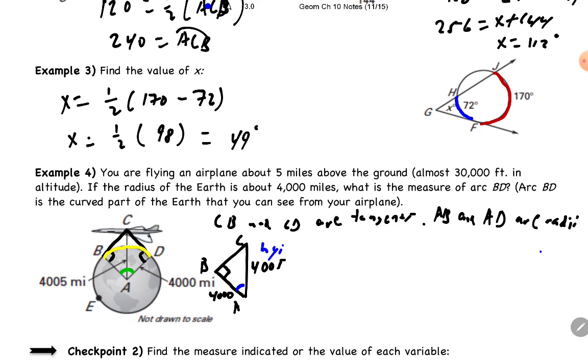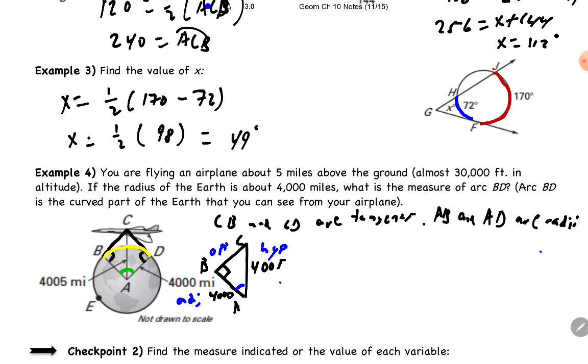This is the hypotenuse of the right triangle, and this would be the adjacent side, making this the opposite. So, using SOHCAHTOA, we're going to use adjacent and hypotenuse, which is cosine.